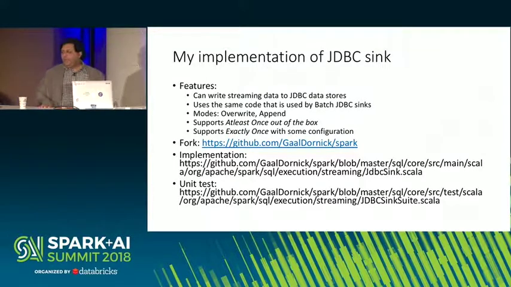It supports overwrite and append modes, and it supports at least once and also exactly once. But to support exactly once, you need to configure it. Basically, you need to add a column into your table which stores the batch ID. And when it's repeating a batch, it will go and delete the old data and reinsert all the data again. And that's how it supports exactly once.